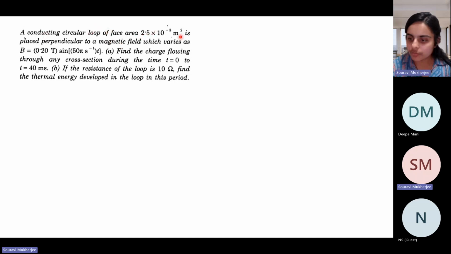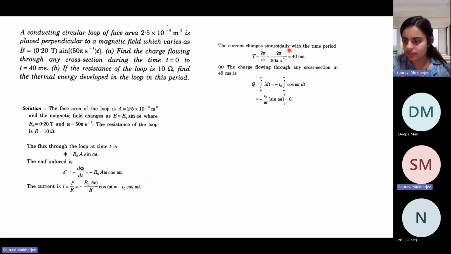Okay. And what is the current? The current is given as V by R. So this is your current. So now that you know current, you can actually find the charge flowing, right? So it would be the integration of I dt. That's what Q is, right? And the current changes sinusoidally with the time period, right?